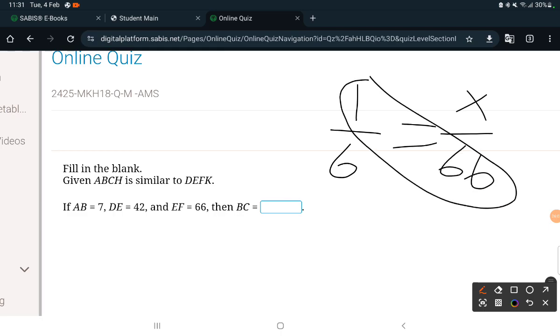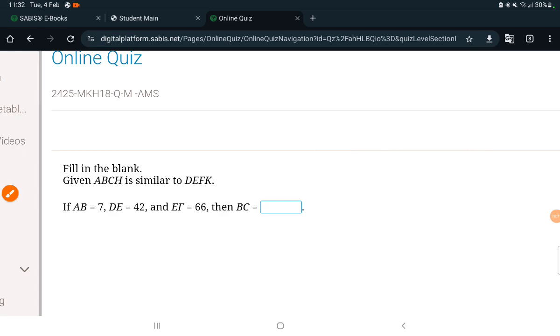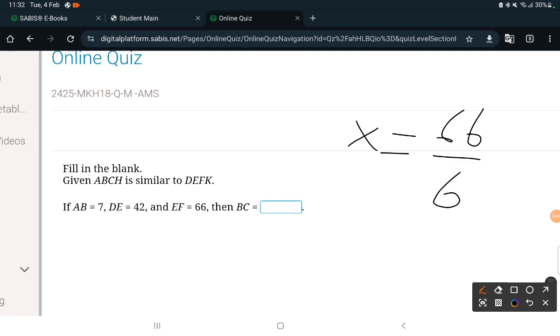Cross multiply. That will be x multiplied by 6, that is 6x. 1 multiplied by 66 is 66. Take 6 to the other side, it becomes 66 over 6. So x equals 66 over 6.